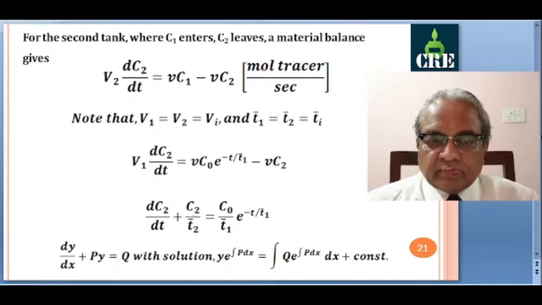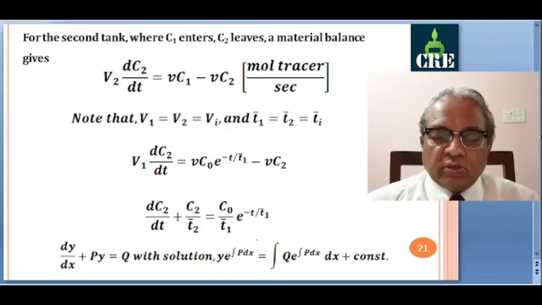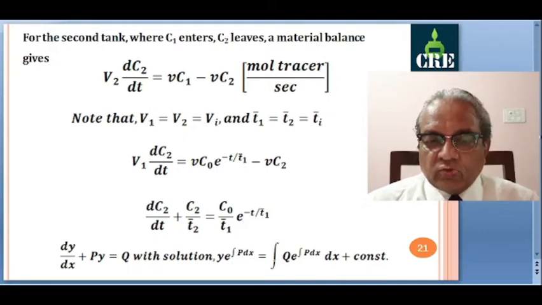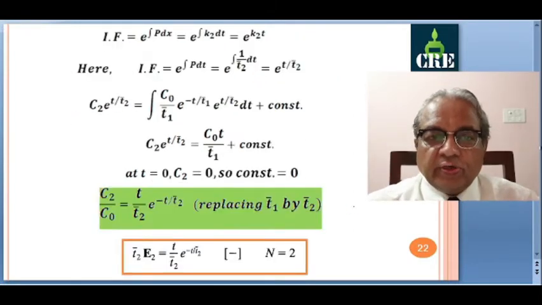So for the second reactor, this is a differential equation of the form dy by dx plus py is equal to q, where the solution is y into e raised to integral p dx, equal to integral q into e raised to p dx plus constant. So this you can evaluate.